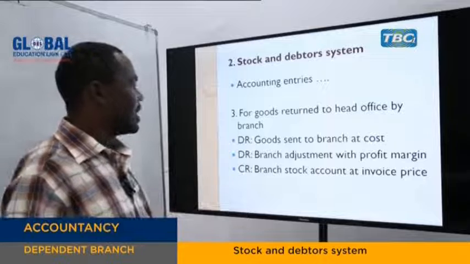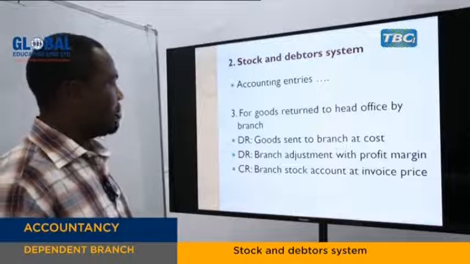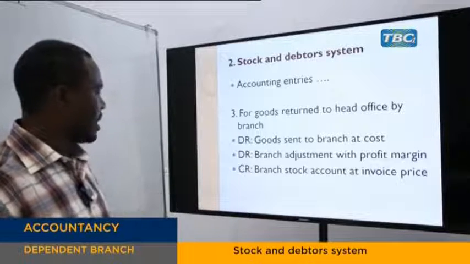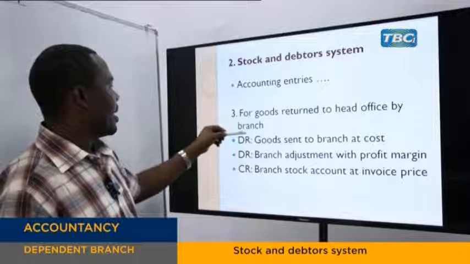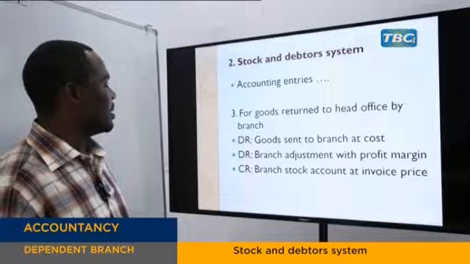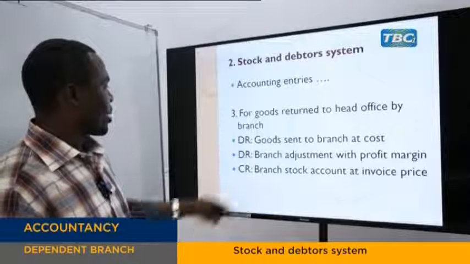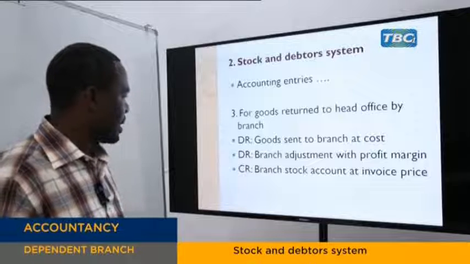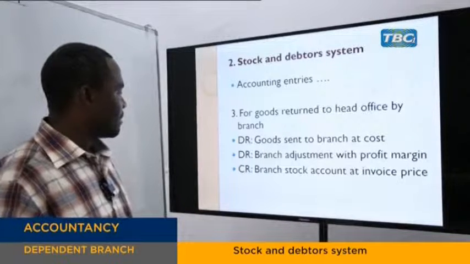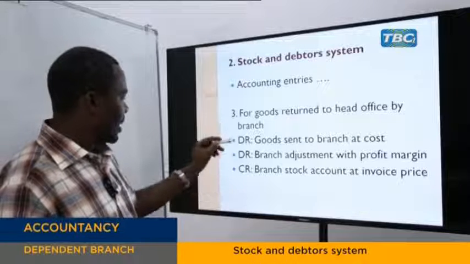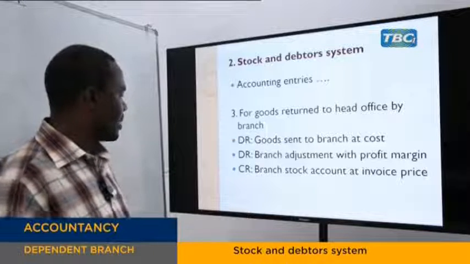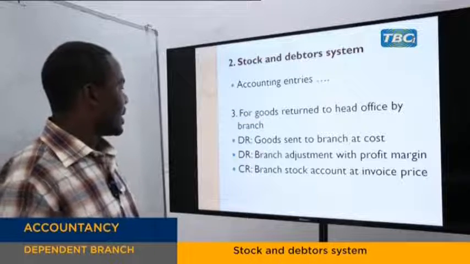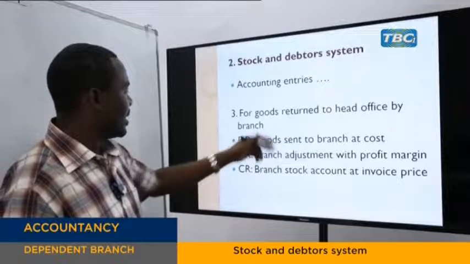For goods returned to the head office by the branch, it is the same as the previous method, but here, because I said that the branch stock account will be recorded at invoice price, any return to the head office will have adjustments.